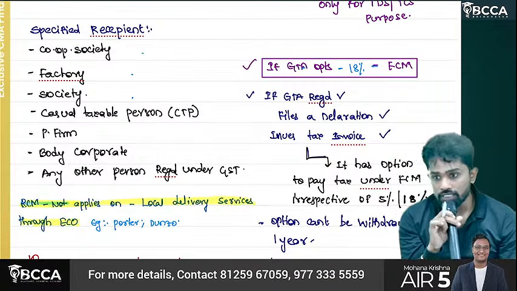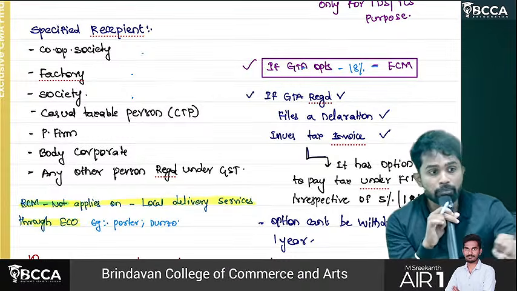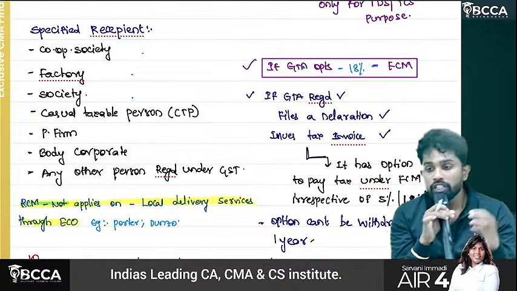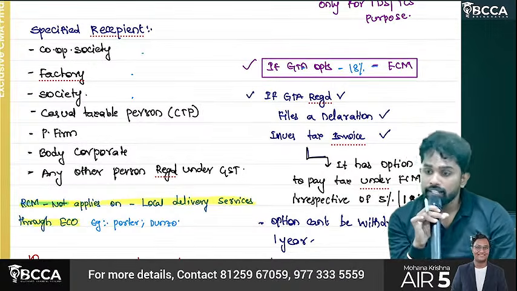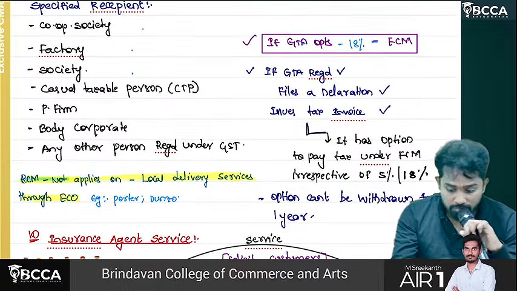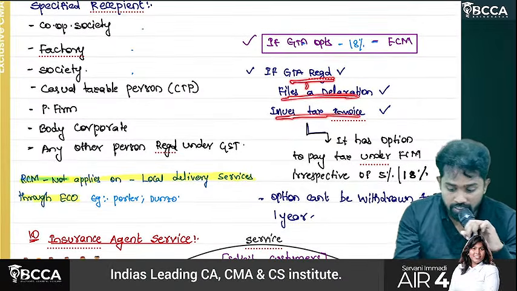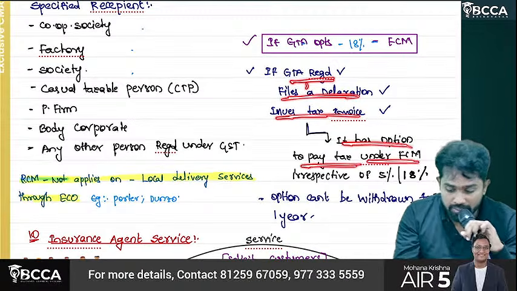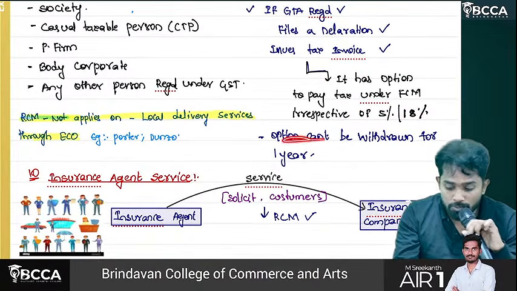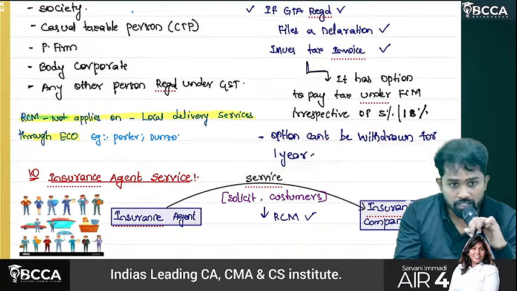If he is registered and files a declaration, he can pay the tax under FCM. Same way, even GTA also, if it is registered and files a declaration, it can pay tax under FCM irrespective of 5 or 18%. Option can't be withdrawn until the expiry of 1 year.